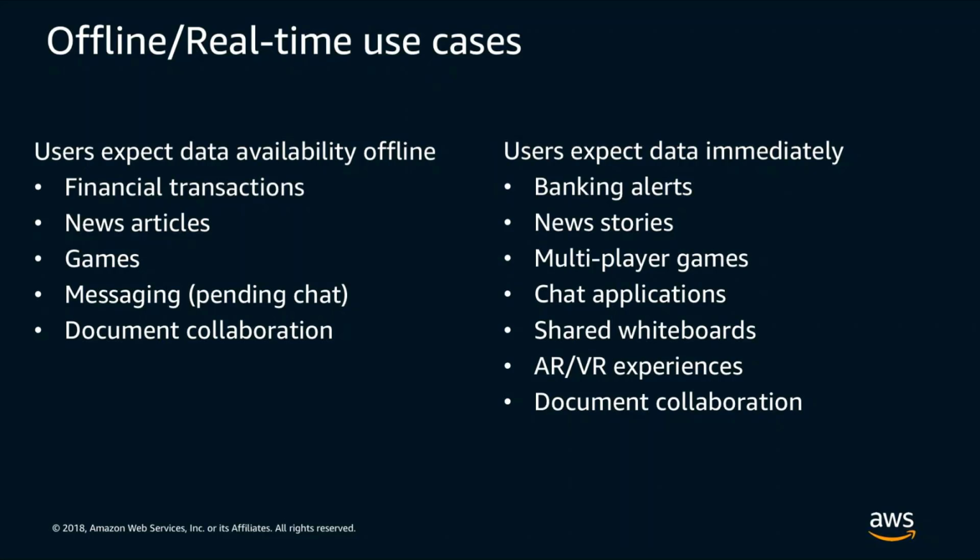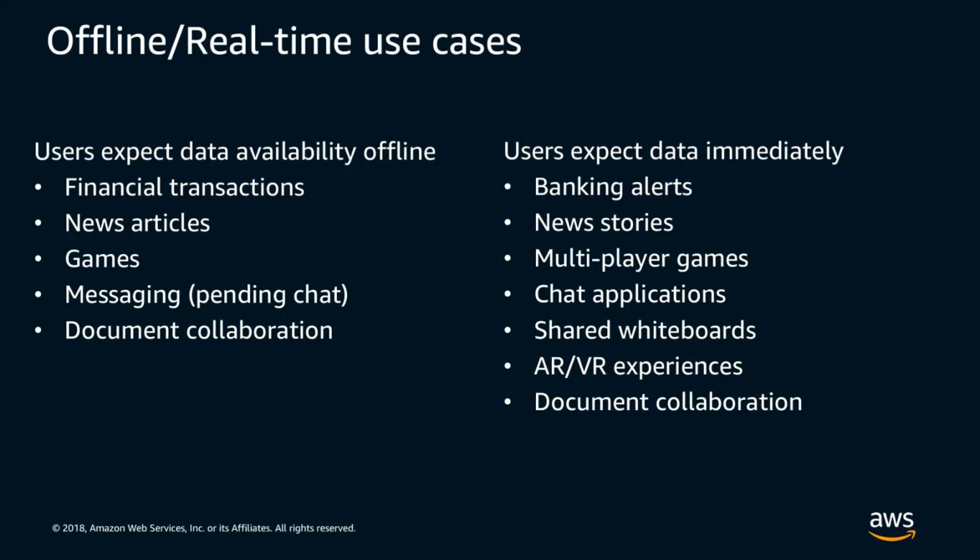On the flip side, there are some use cases where the users expect the data to be available immediately. For example, banking alerts. Let's say there's a fraudulent transaction. You want to notify your customers almost immediately. News stories, like if there's breaking news, you would want to broadcast it as soon as possible.